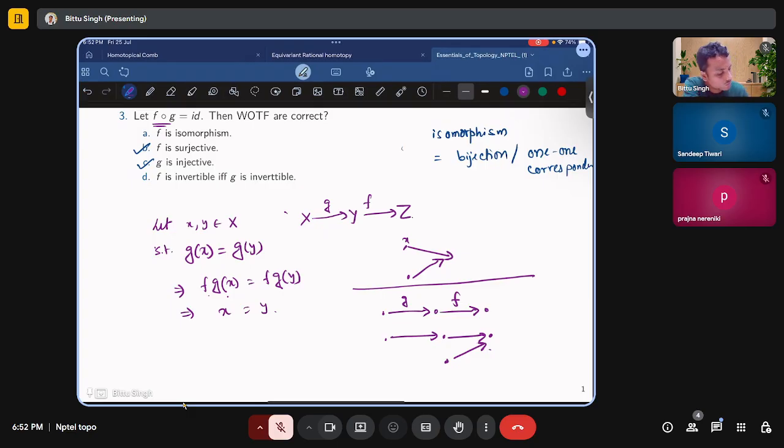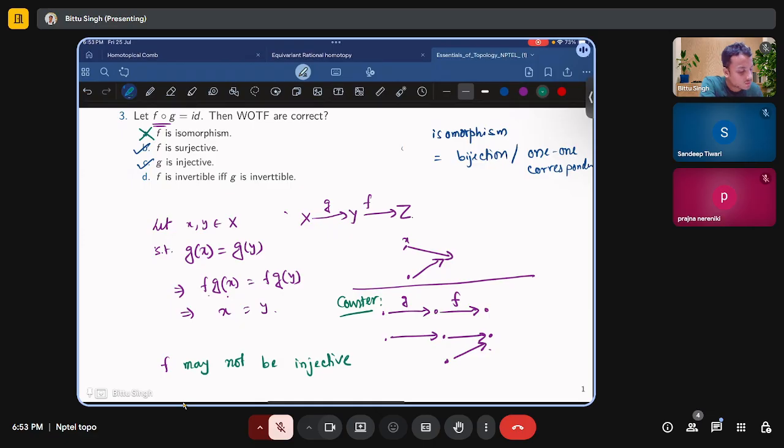So this is the counter example. Therefore F may not be an isomorphism.